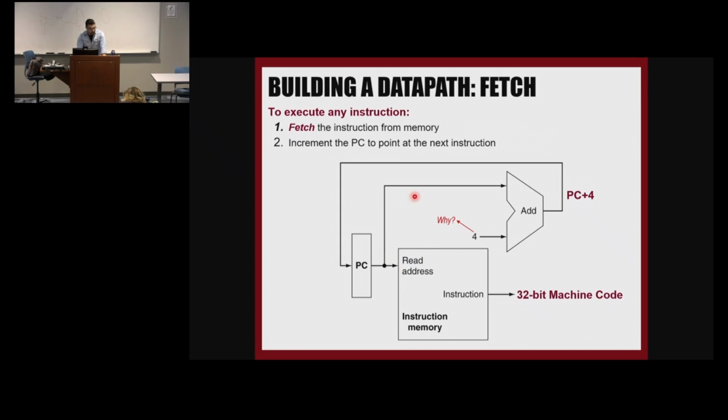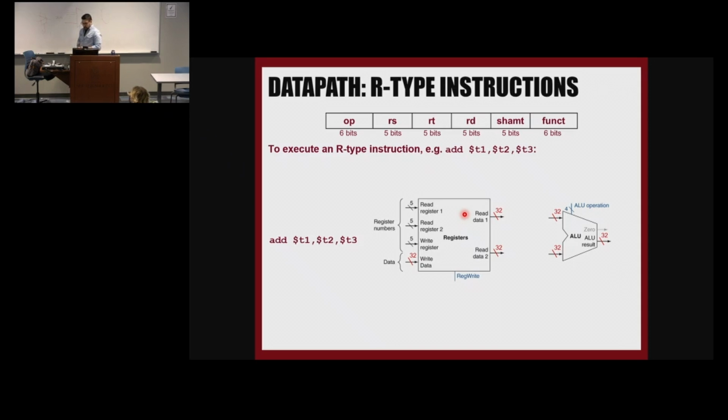And then at the same time, we add PC with 4. Why 4? Because instruction memory is a byte addressable memory. Each instruction has 4 bytes. If we want to go to the next instruction, we actually need to add it with 4. Okay. So this is what is happening in the fetch step. Now, let's see what happens after that point.